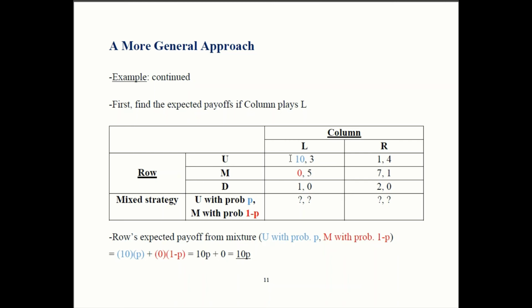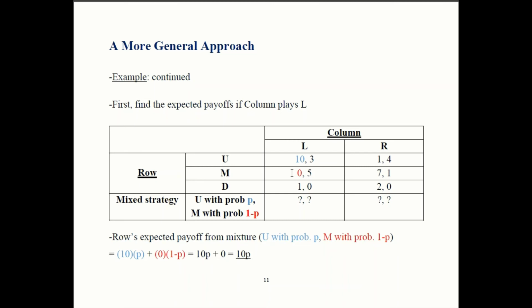So we get 10 with probability P, so in expected value, we get 10 times P. The other part of the story is that we play M with probability 1 minus P. When we play M, we get a payoff of 0.